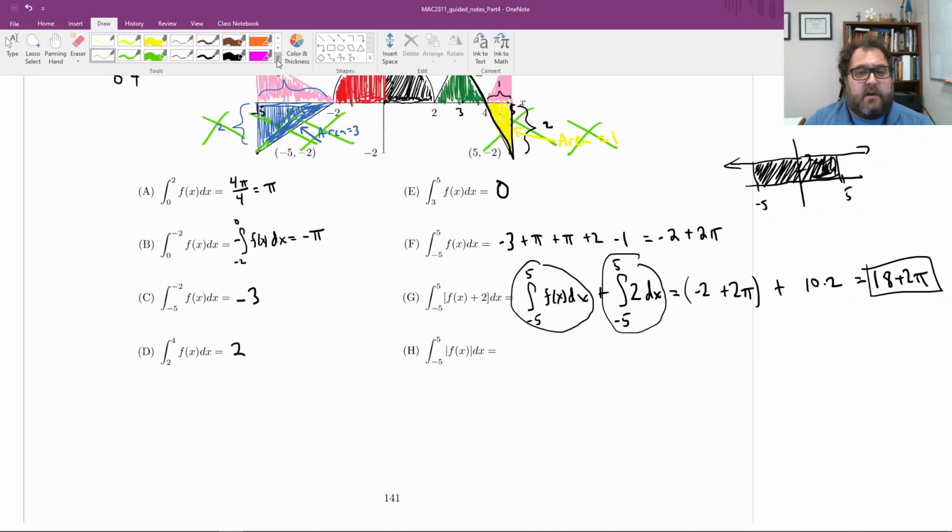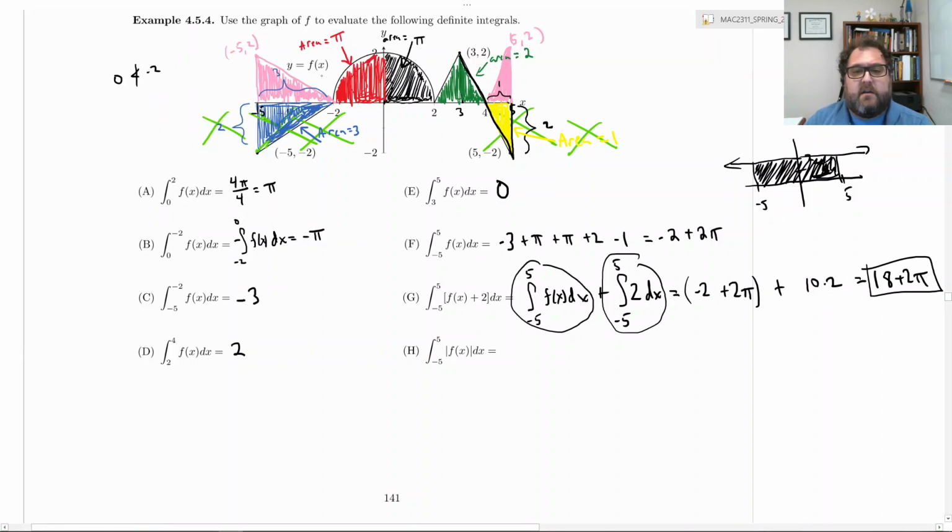Now I should go back and add what is the area. Well, the area of the left-hand pink triangle is still 3, just like the area of the blue is 3. But their definite integrals are different. Again, area here is still 1, just like the area of the yellow triangle.